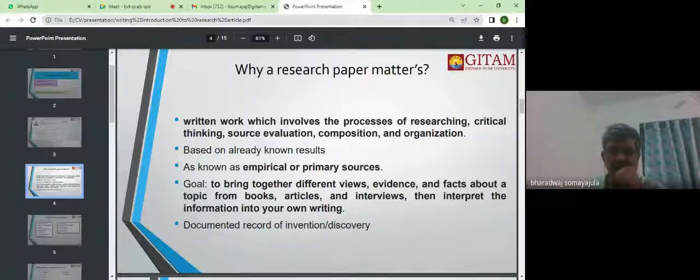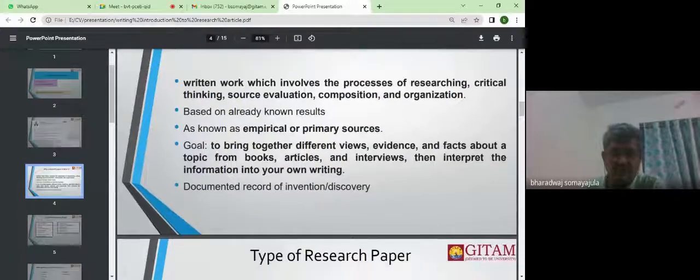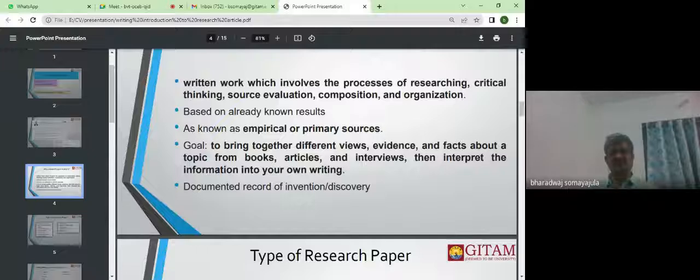So I will be looking into facts and figures, taking references from books, reading articles, and discussing with my syllabus. All these things come into your research paper. It should be a documented record of your invention or discovery of your work.